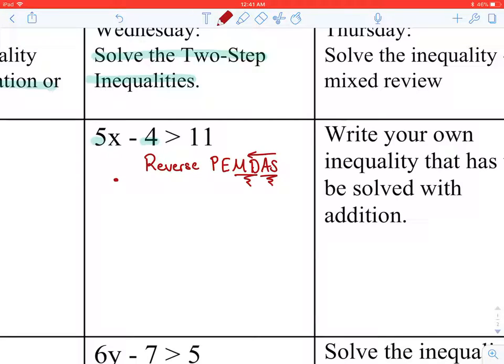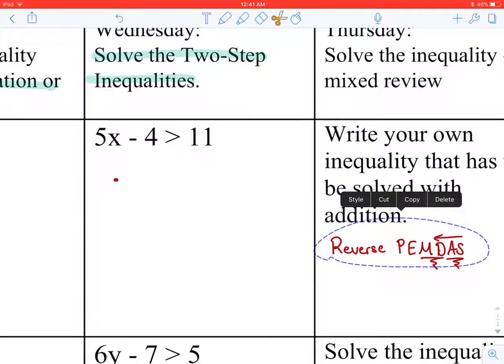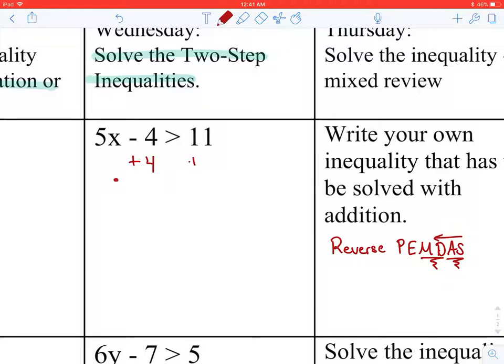So let's begin then by doing our addition or subtraction. So that means that I need to get rid of this minus 4 here. And in order to get rid of that minus 4, I'm going to be adding 4 to both sides.